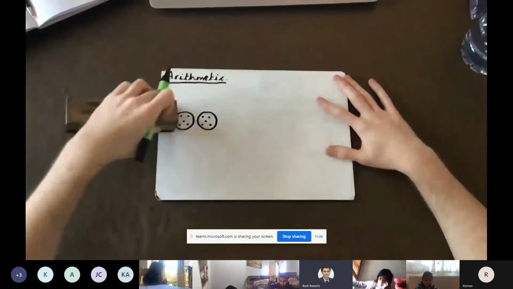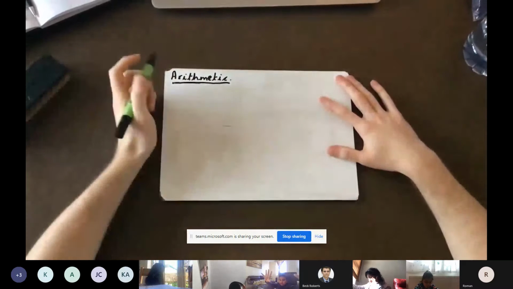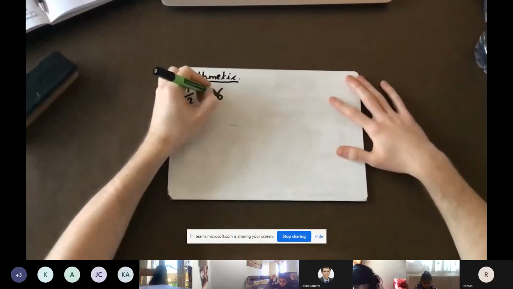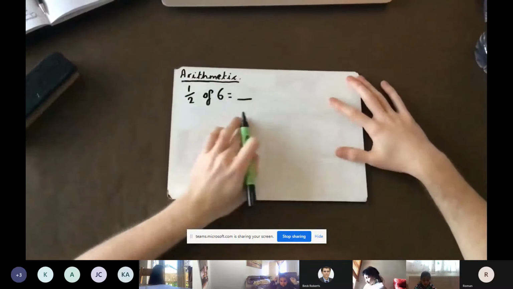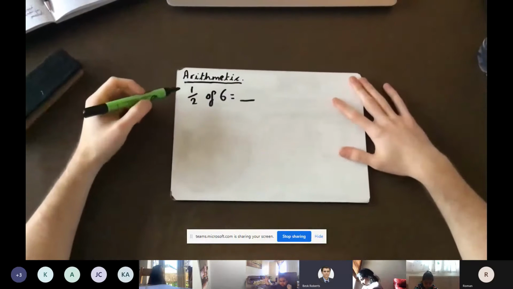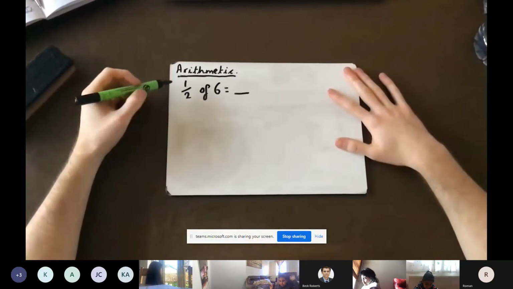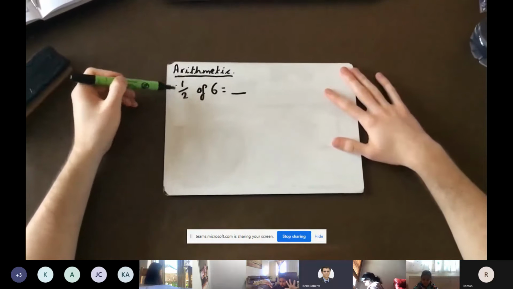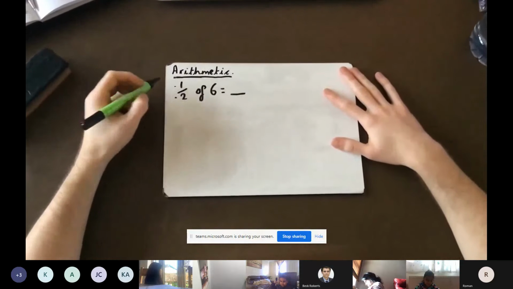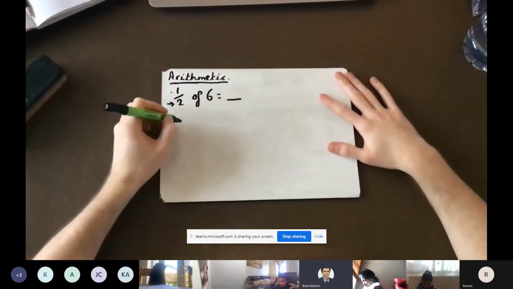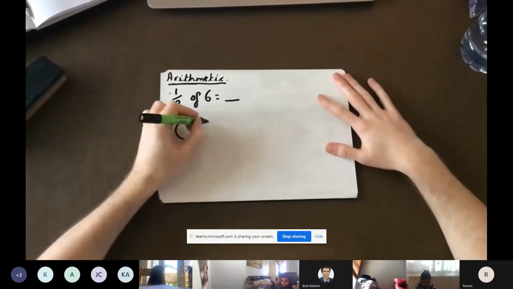And then the last question we're going to look at is what is half of 6? Now, when we looked at fractions last week or the week before, I've got my numerator and my denominator. So my denominator tells me how many groups I need. So I'm going to need 2 groups.